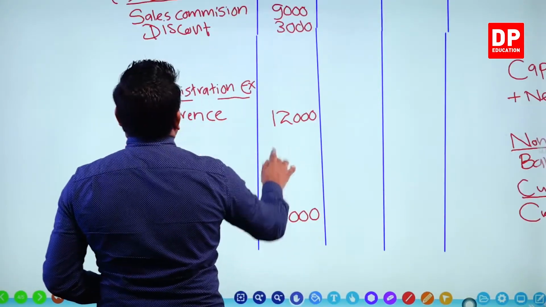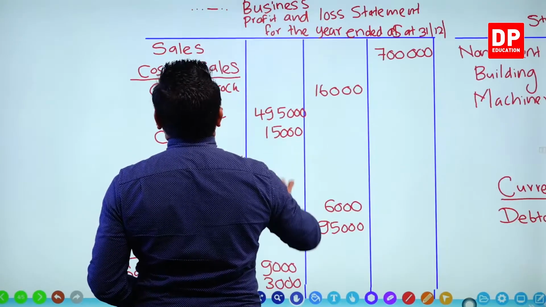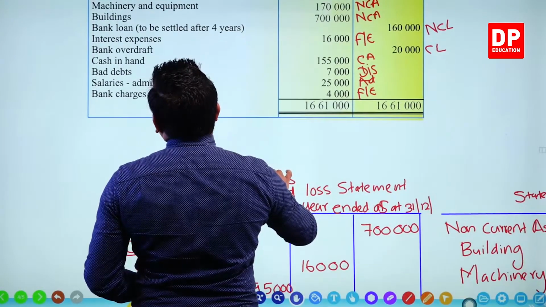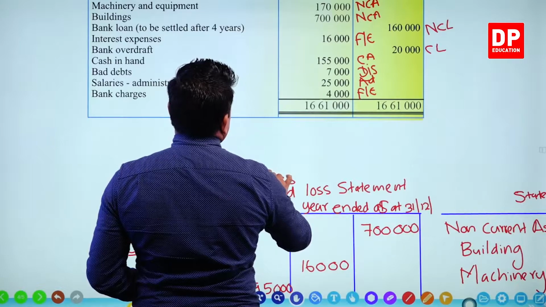Now, bank overdraft 20,000, cash in hand 155,000.